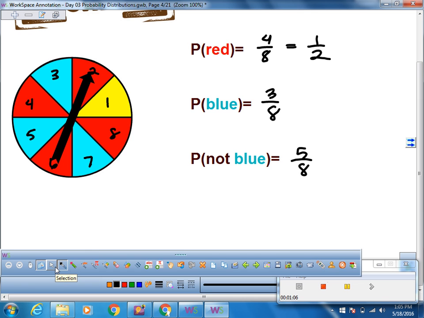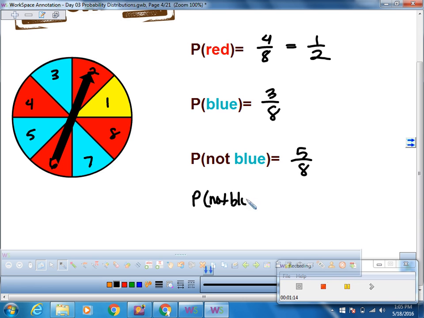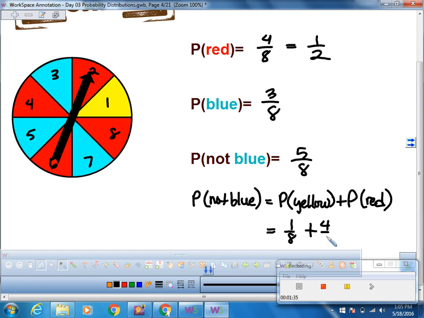We could say the probability of not blue is the probability of the yellow plus the probability of the red. You could look at it that way. Correct? And the yellow was 1/8, and the red was, what did you get? 4/8, which equals 5/8.